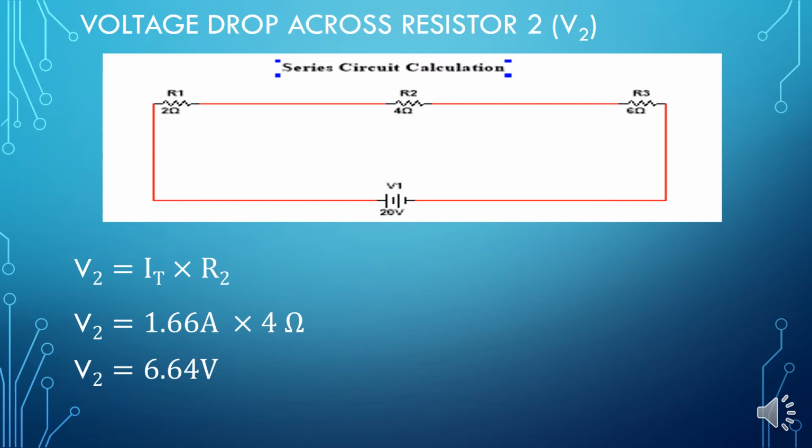To find out if your answer is correct, one thing that is unique about a series circuit as it relates to voltage is that the total voltage is equal to the sum of the voltage drop across each component. What does that mean? It means that if we should find the voltage drop across resistor 1, the voltage drop across resistor 2, and the voltage drop across resistor 3, and we add those together, we should get 20 volts.